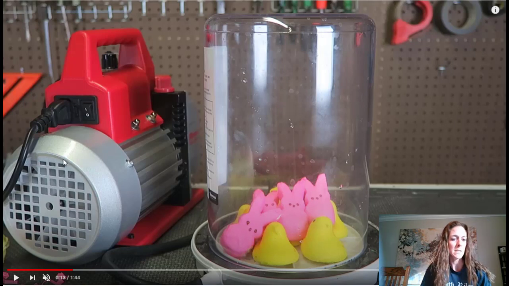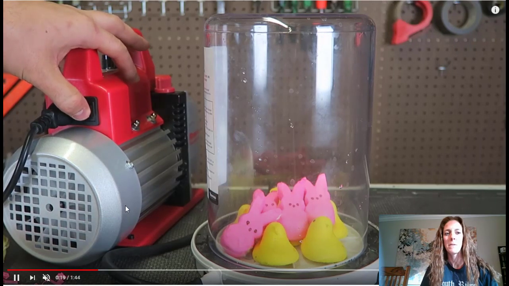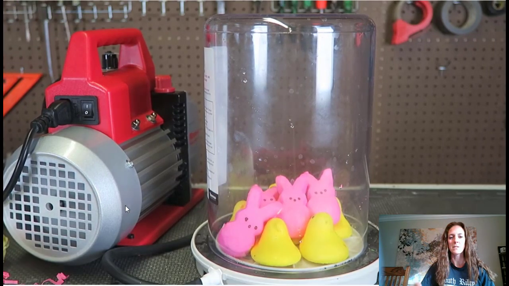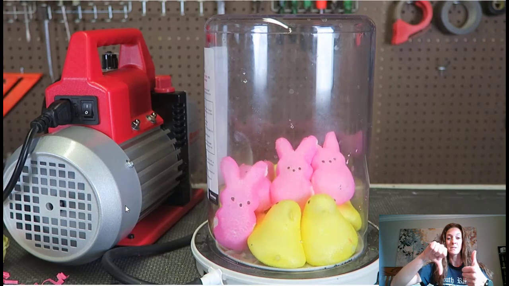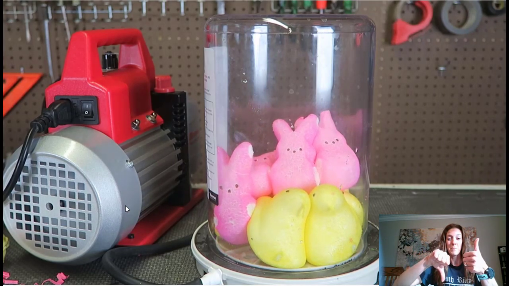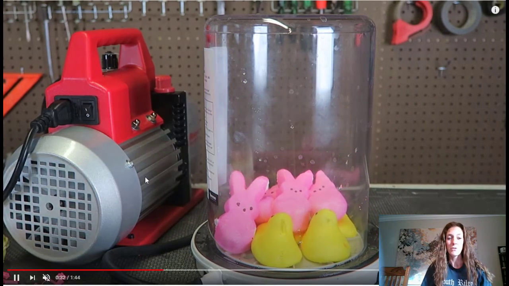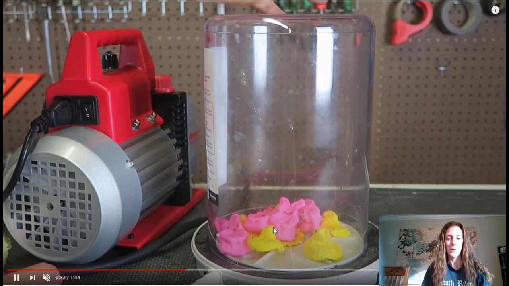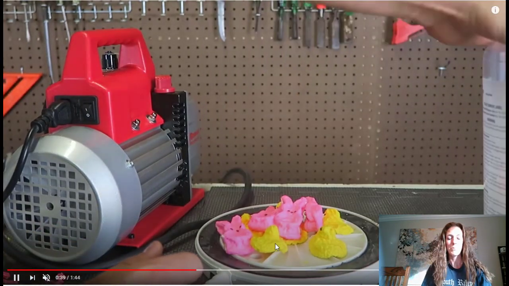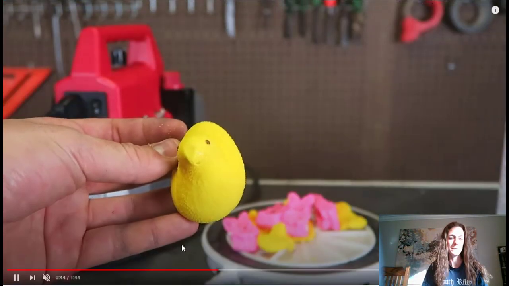So we're going to see what happens to these Peeps. There we go. As the pressure goes down, we can see the volume of these Peeps going up, up, up, up, up. And this is called an inverse relationship. And you can see how they very quickly deflate when pressure goes back up, then the volume goes down.